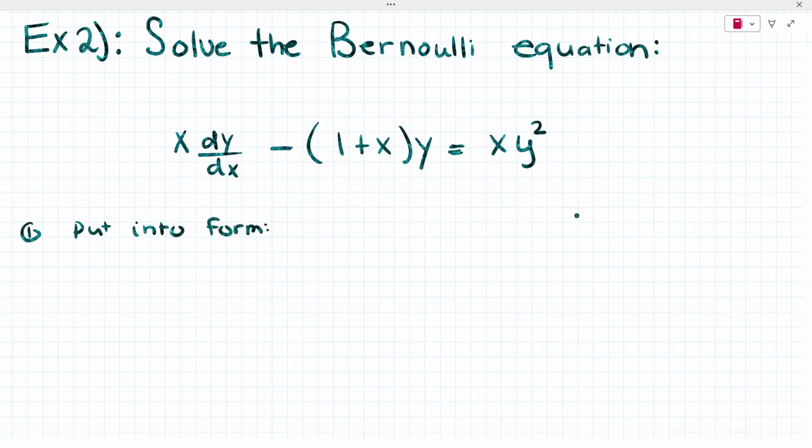So we have to somehow make it like this. Okay, so no, let me rewrite this problem. What do we have to do to put it in this form? We have to get rid of that x. So let me write it down here.